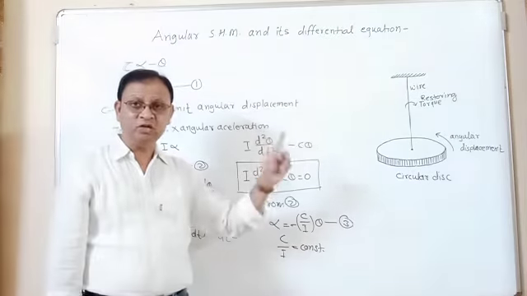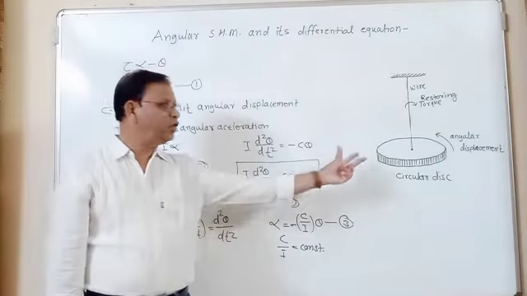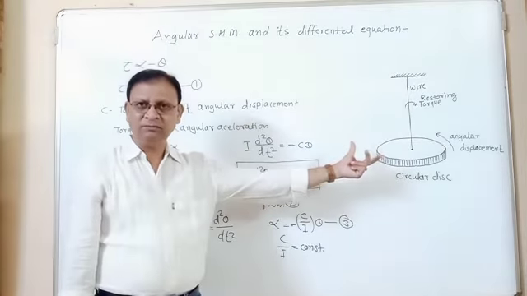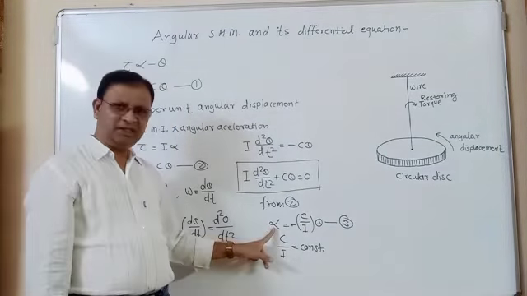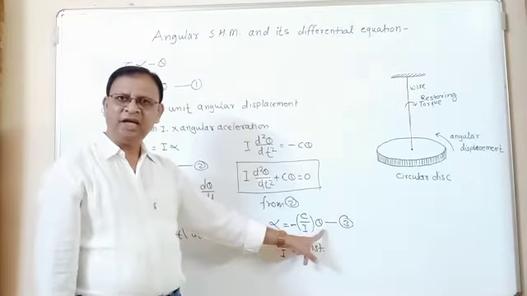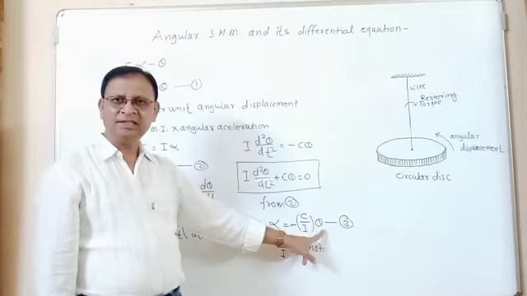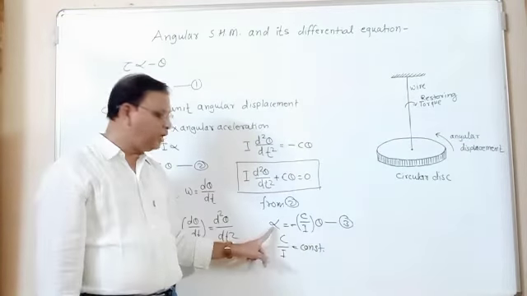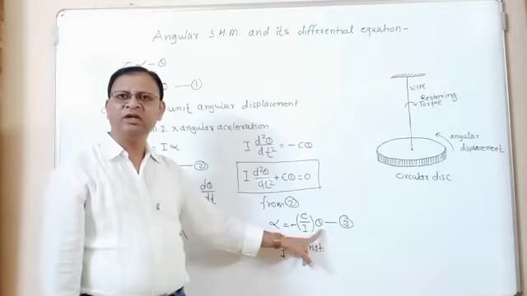It is not a linear oscillatory motion, but an angular oscillatory motion of a body in which angular acceleration is directly proportional to angular displacement of the body, and the direction of angular acceleration is opposite to that of the angular displacement.